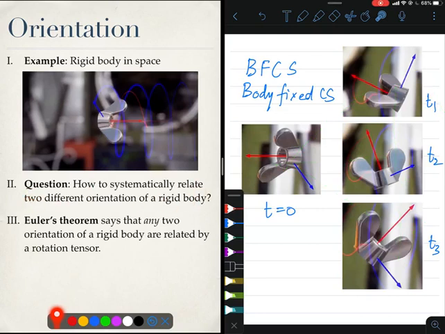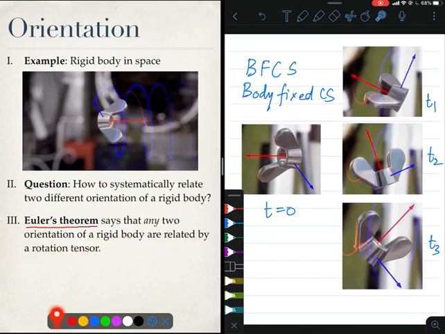And well, actually we already have the answer. We studied something called Euler's theorem, right? I think you remember this, Euler's theorem, which said that any two orientations of a rigid body are related by a rotation tensor.